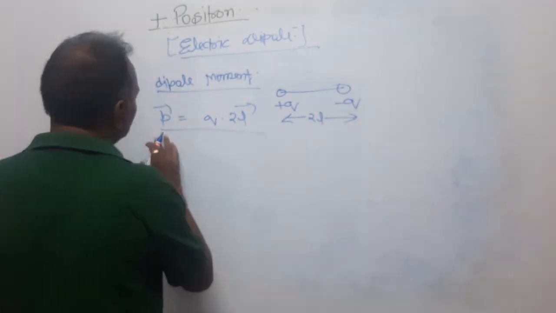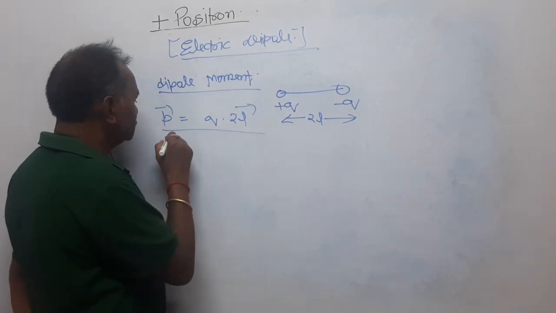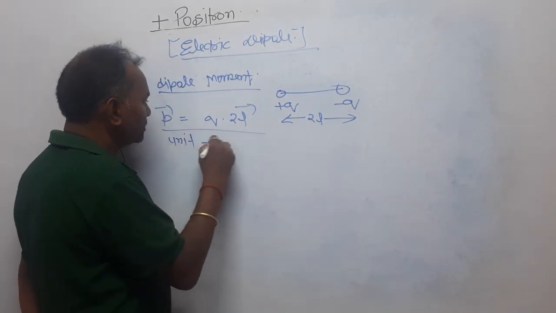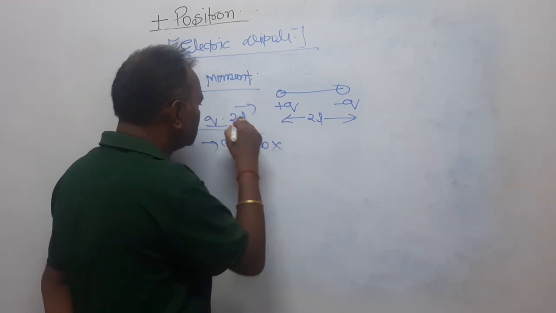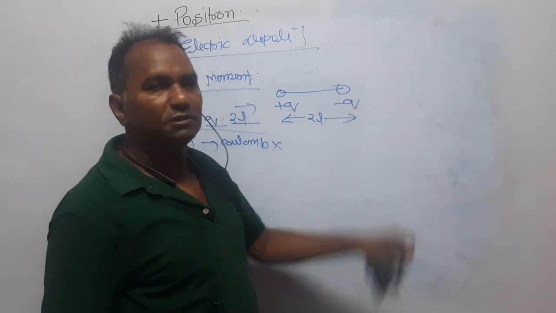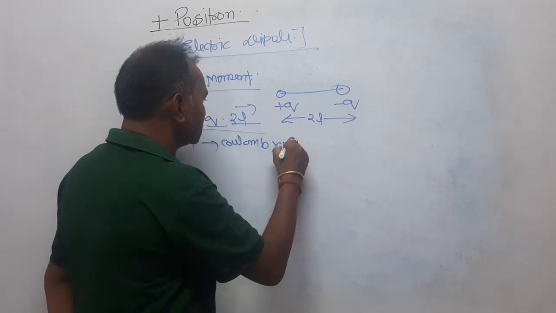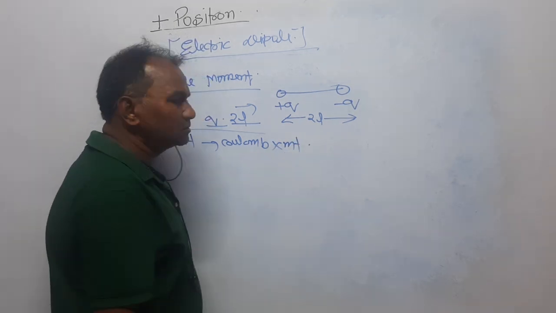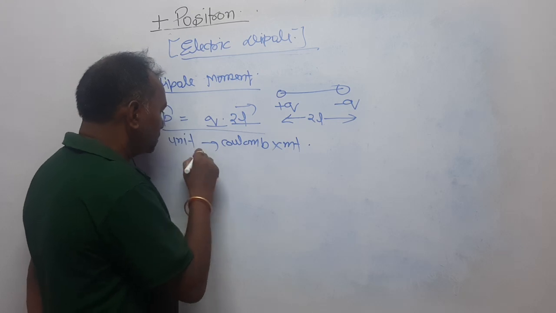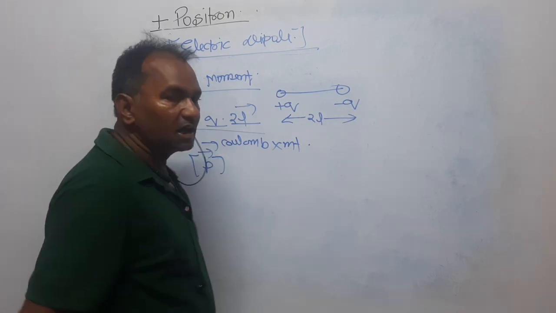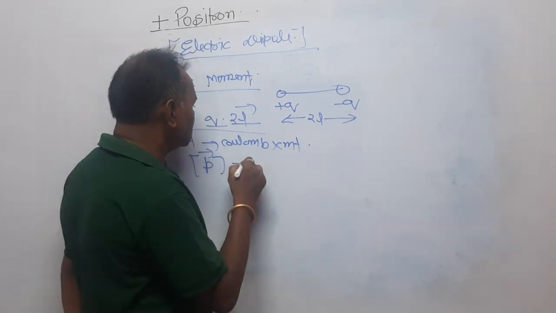So this is the time to discuss the unit of dipole moment. Q is in coulomb, very simple, and 2L is the distance between the two charges, undoubtedly in meters. So it is coulomb into meter. This is the unit of dipole moment, and now the dimension of dipole moment, very simple.